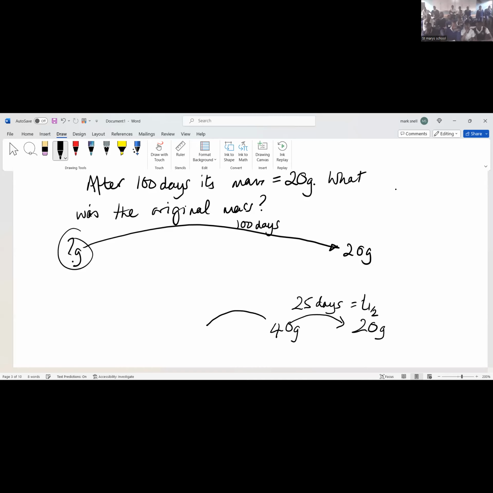So what would it have been before that? Because 100 days is 4 times 25 days. In other words, it's 4 half-lives. So the time, which is 100 days, divided by the half-life, which is 25, is 4. So it has halved 4 times.